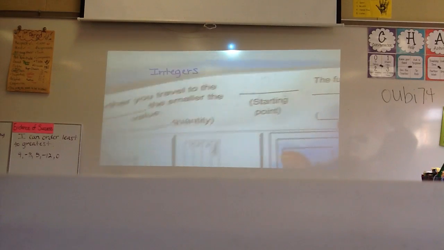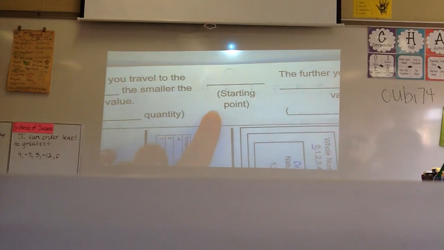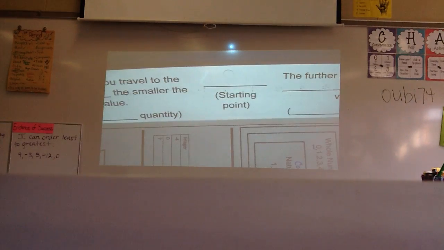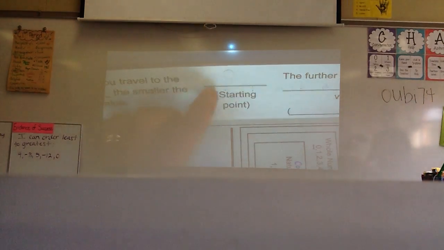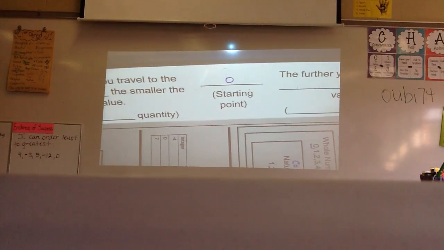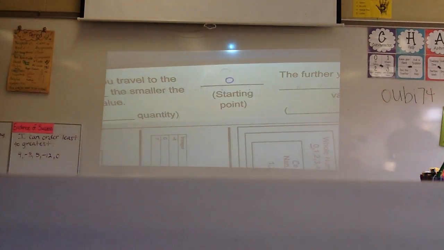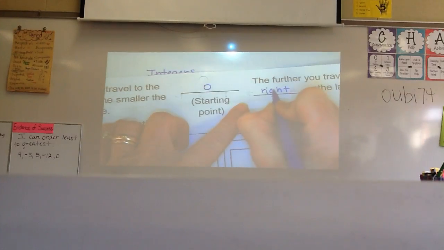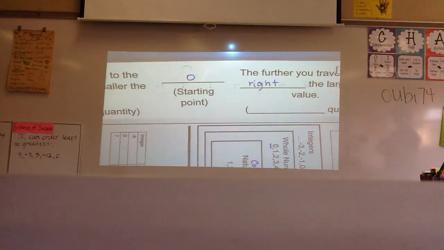Alright, so our starting point in the very middle was what? Where did we start in the middle of our foldable? It was always 0. Kind of it's the number that divides that number line in half. And the further we go to the right on our number line, sorry about that, the larger or the greater the value of the number.